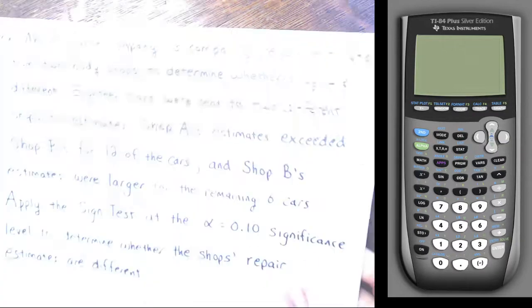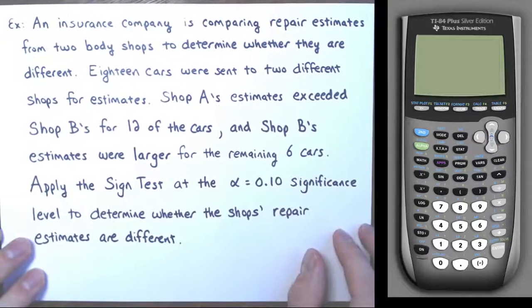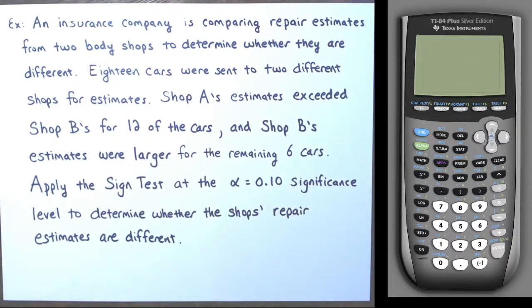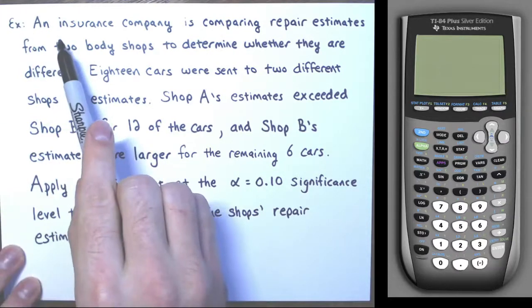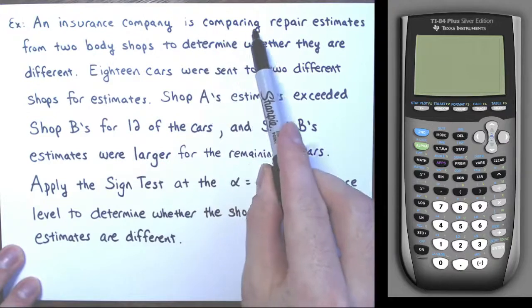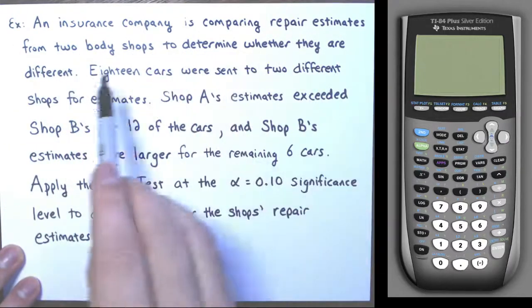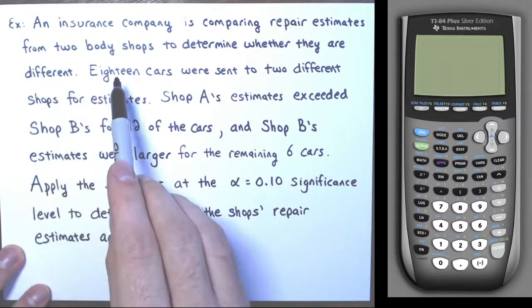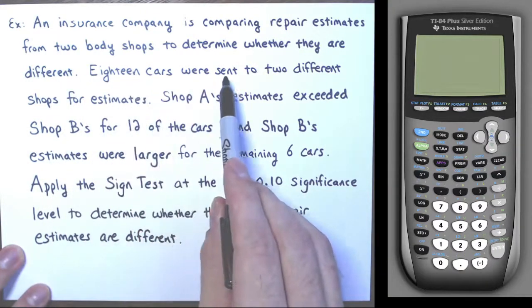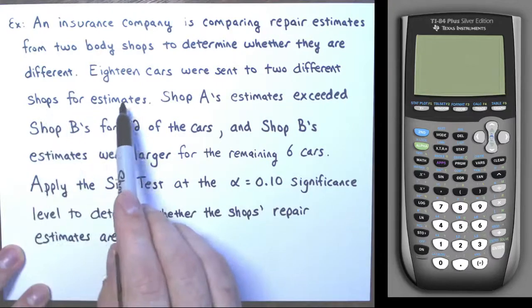The next example is another one where we're going to be applying this Sign test to matched pairs. Now this one doesn't have a table, but you'll see that it's very much like the last problem. Here, an insurance company is comparing repair estimates from two body shops to determine whether they are different. 18 cars were sent to two different shops for estimates.